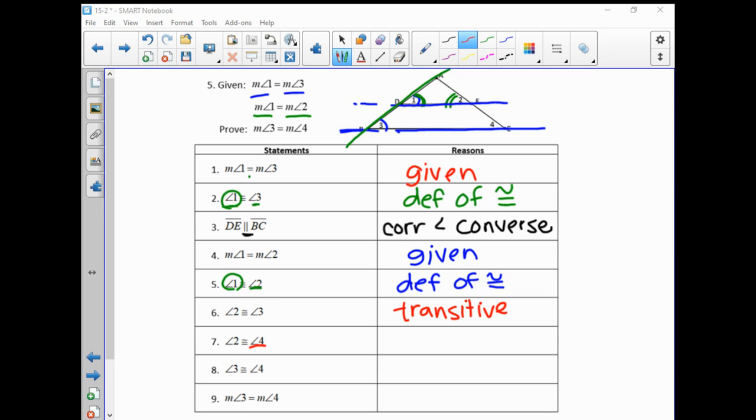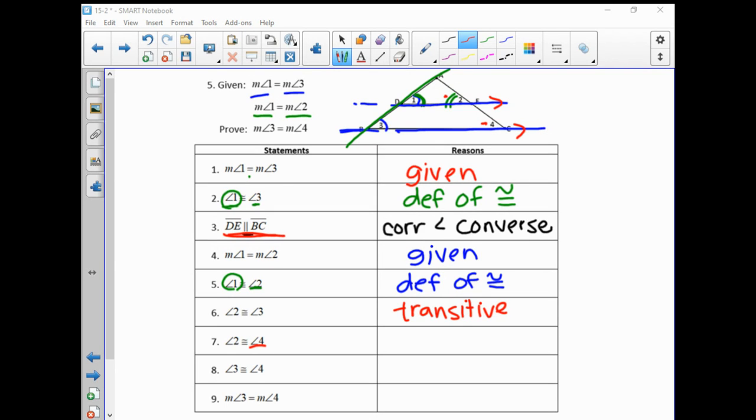Notice we've never seen angle 4 before. Angle 4 hasn't shown up in any of our statements so far. So this is where you probably want to look at your picture right here. Look up here at the picture and look at the relationship between 2 and 4 right there. Notice one of the steps previous up here was that we proved that these two lines are parallel. So these lines right now are parallel.